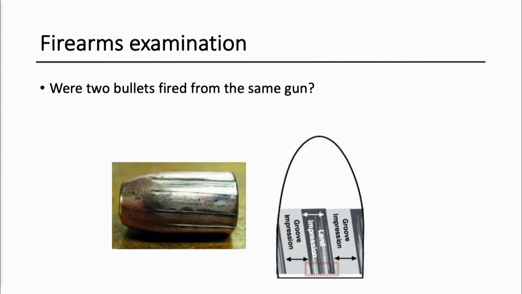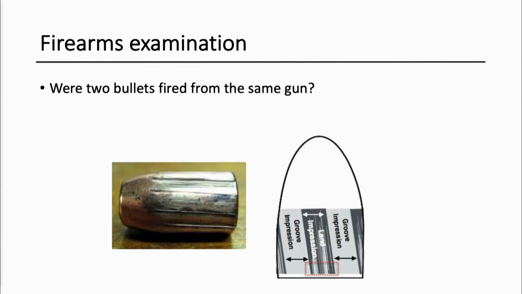And inside the barrel of a gun, there's something called rifling, and rifling is just a set of indentations that impart rotation to the bullet as the bullet leaves the barrel. And it's just meant to improve stability of the bullet in flight. So that's done on purpose. But there's also a bunch of micro defects in the barrel that impart other striations, other marks on bullets.